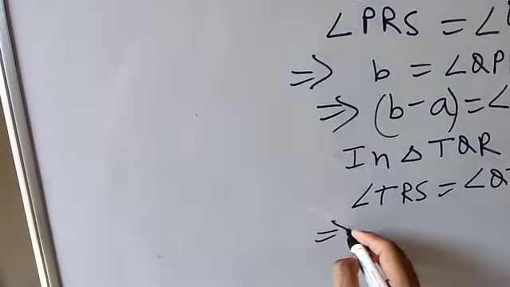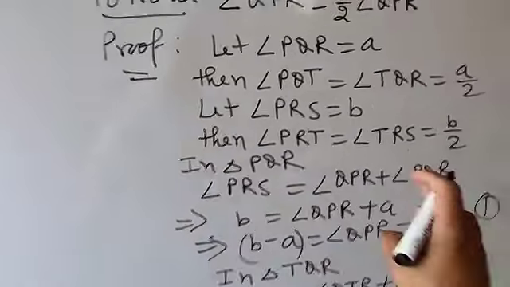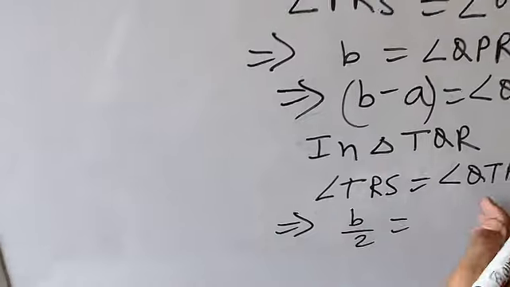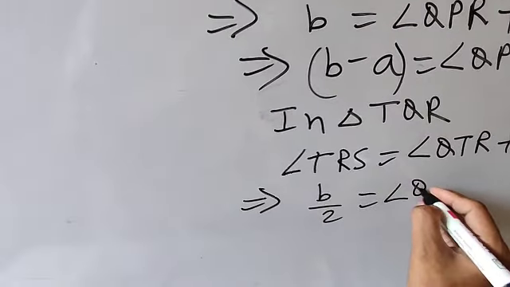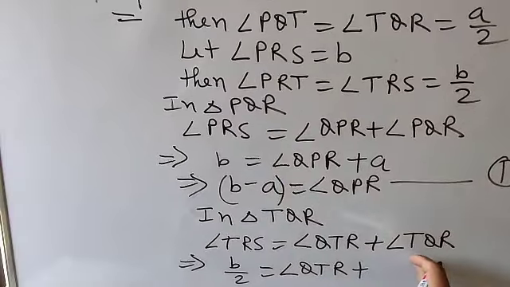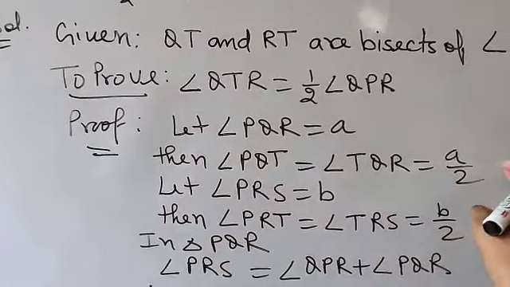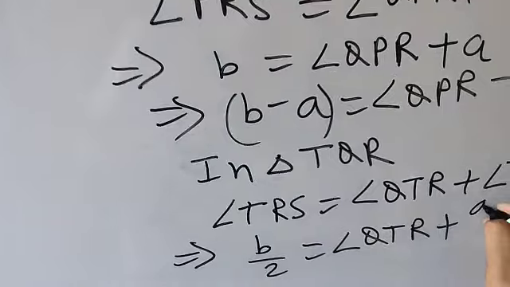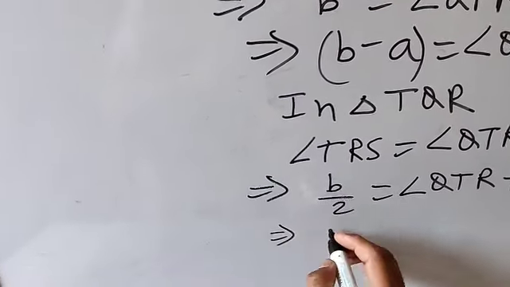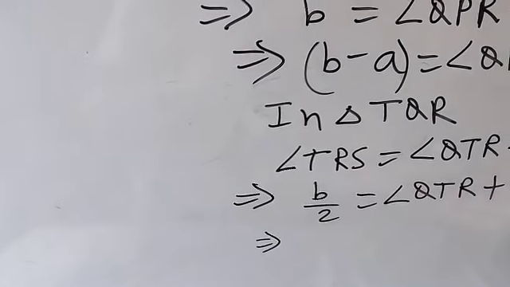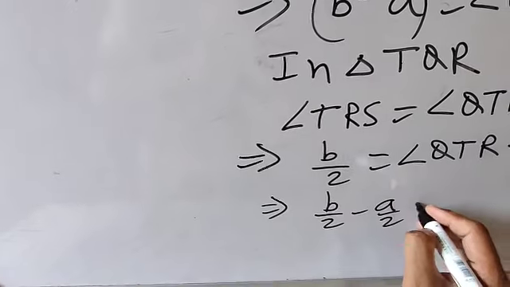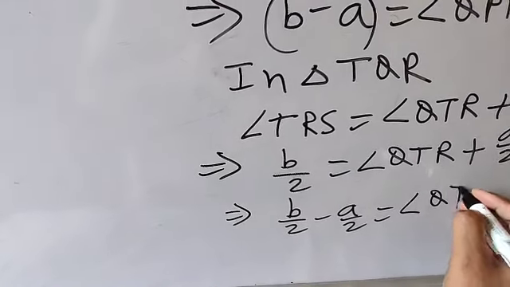Students, angle TRS equal to B by 2. So here we can write B by 2 equal to angle QTR plus angle TQR, and angle TQR equal to A by 2. So plus A by 2. I am going to transfer A by 2 from the right side to the left side. So it will be B by 2 minus A by 2 equal to angle QTR.